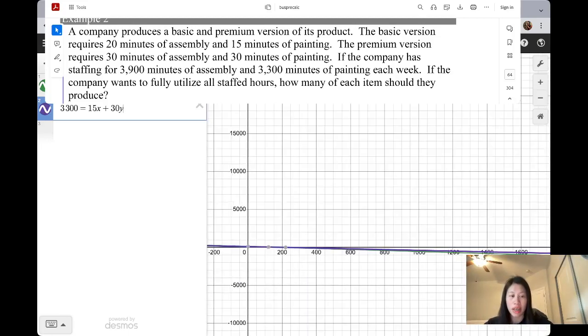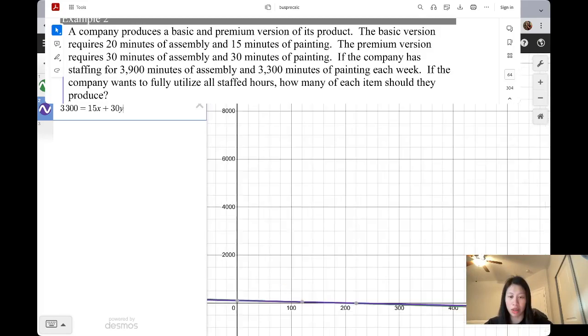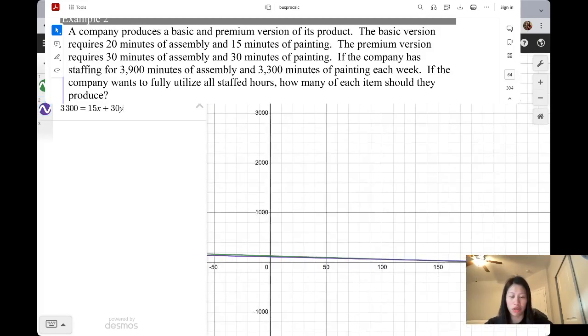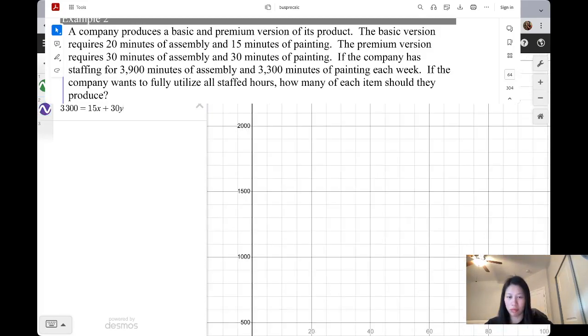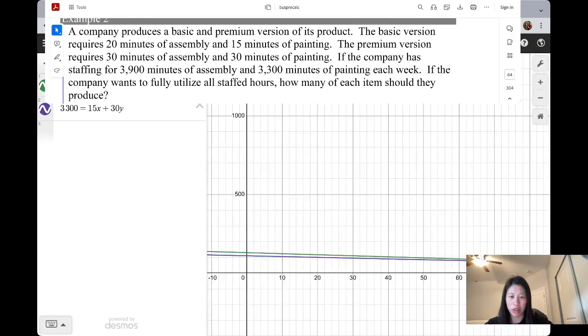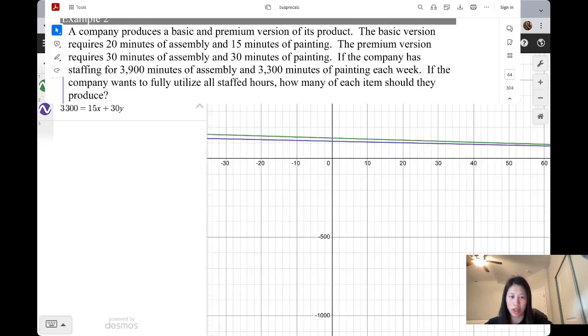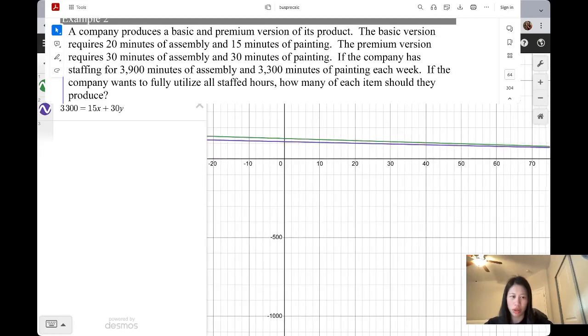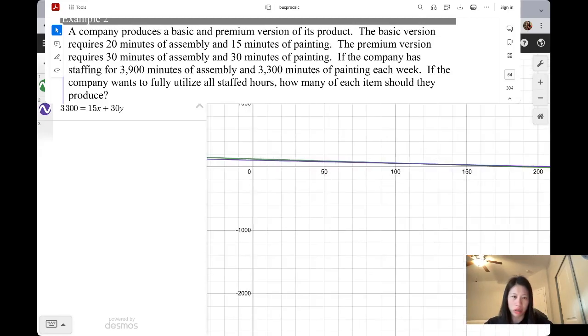If you don't see them, that means you didn't set up the range right. We can zoom in to find out what the intersection point is. The intersection point would be here. You can see that when x equals 120, y equals 50, the company is going to fully utilize the staffed minutes.